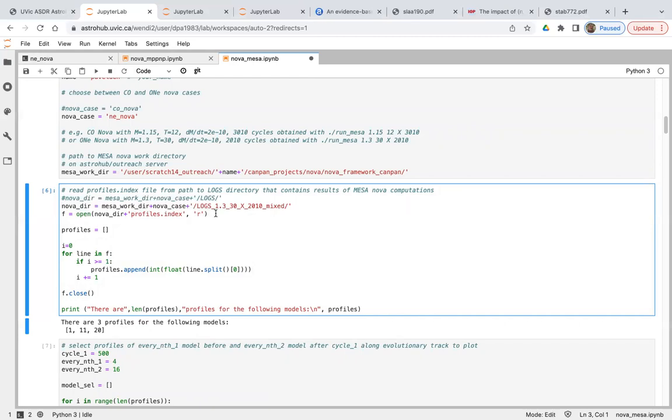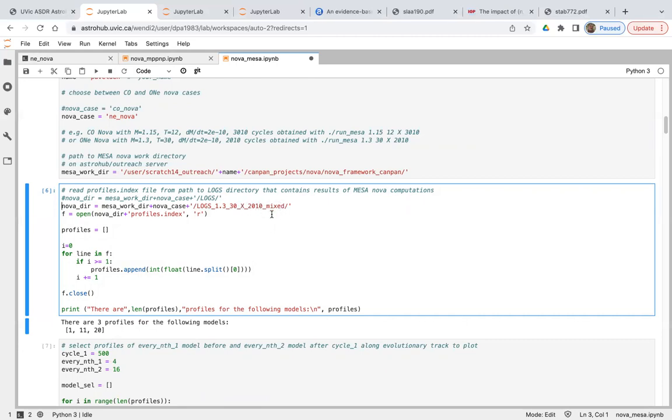As you can see, this is what happens when you say yes to the script to save results at the end. They were saved here in directory logs underscore 1.3. Oxygen-neon white dwarf mass, 30 megakelvin central temperature, accretion rate 2 times 10 to the minus 10 solar mass per year, 2010 models.